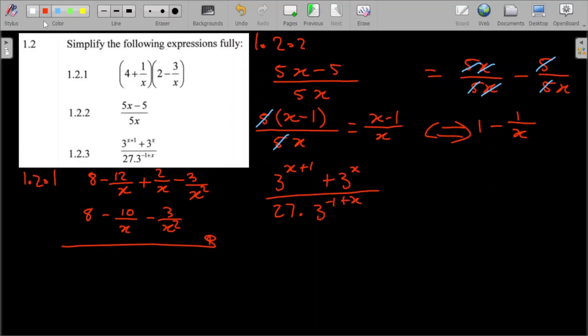Now from here at the top, the laws of exponents tell us that we can write it as 3 into x times 3 into 1, and then plus 3 into x, all over. Now here we can make these as 3 into 3, and then times 3 into negative 1 and times 3 into x.